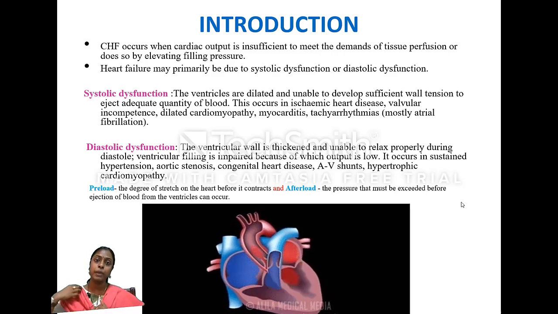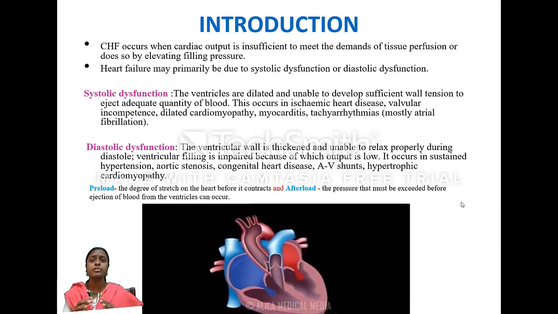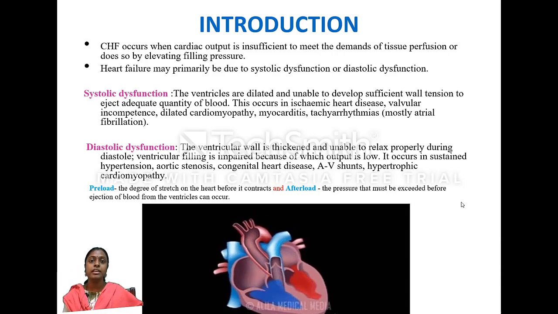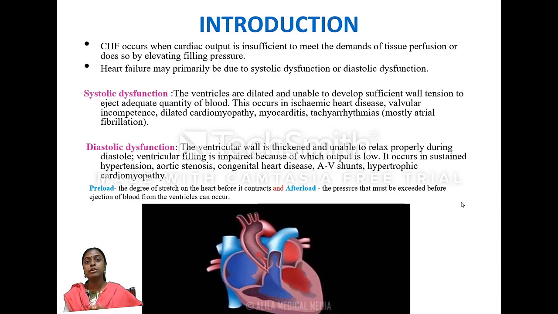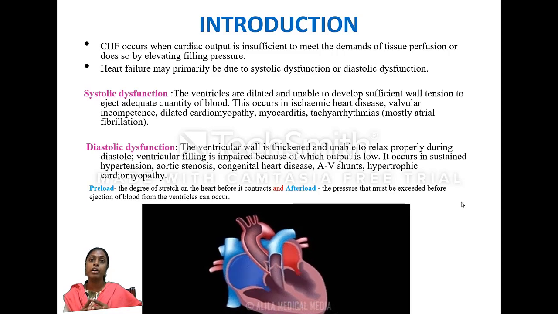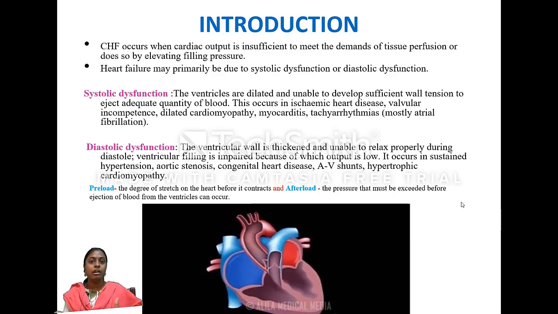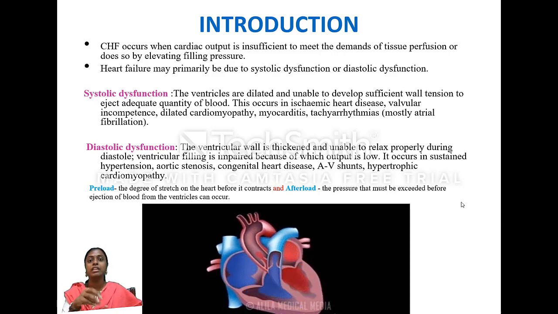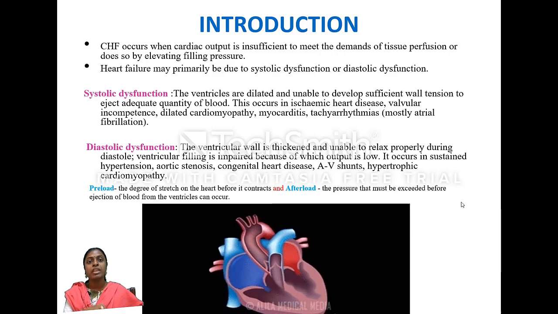When it is pumping, the blood has to reach our systemic circulation, like till the end of my toe, isn't it? When it is unable to supply that much blood, what will happen? Obviously my toe will get damaged, because the tissue over my toe will get damaged. That is congestive heart failure.